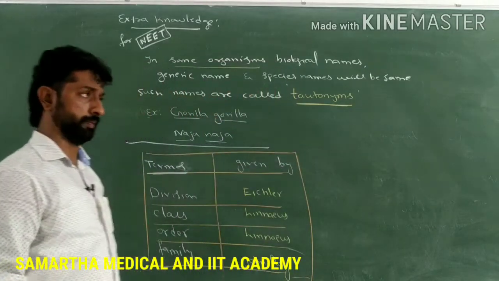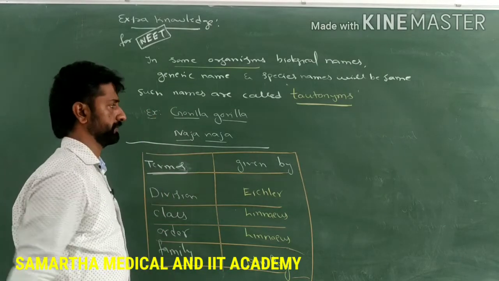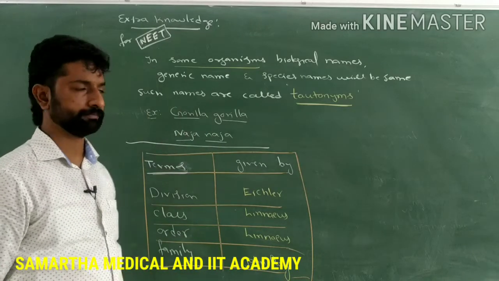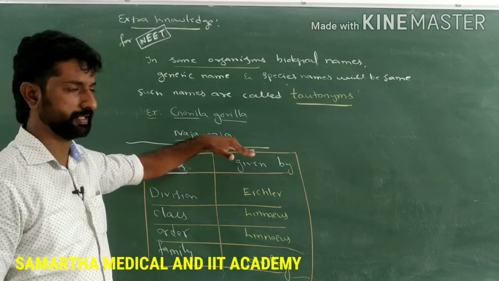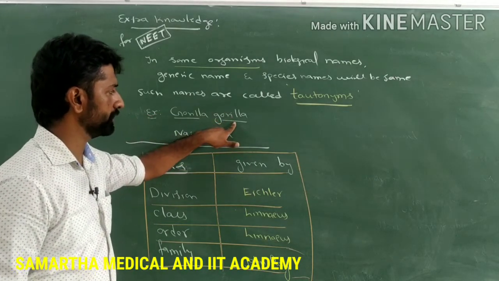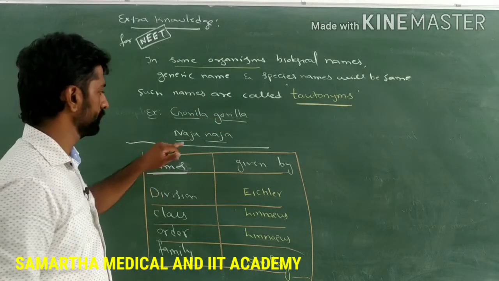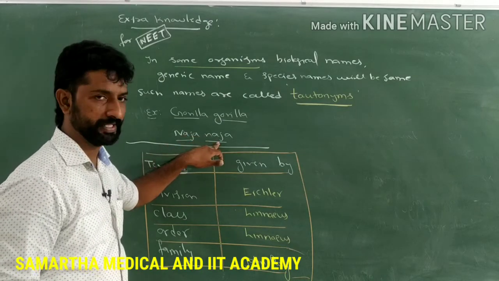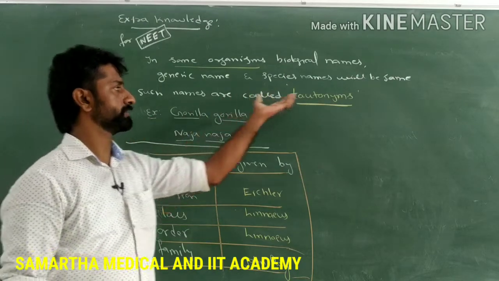Remember that term. For example, the scientific name of the gorilla is Gorilla gorilla, and for the cobra it is Naja naja. Here the generic name and the species name are both the same. As they are repeated, such names are called tautonyms.